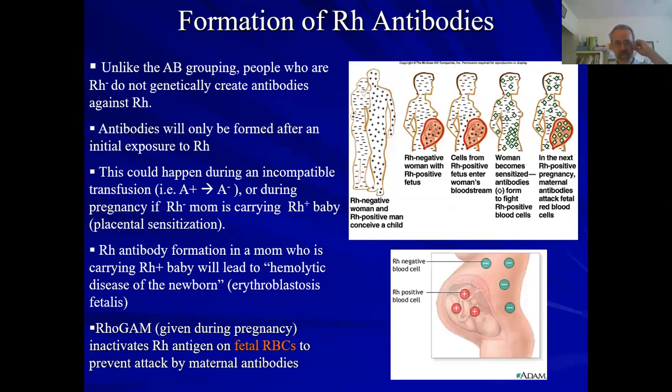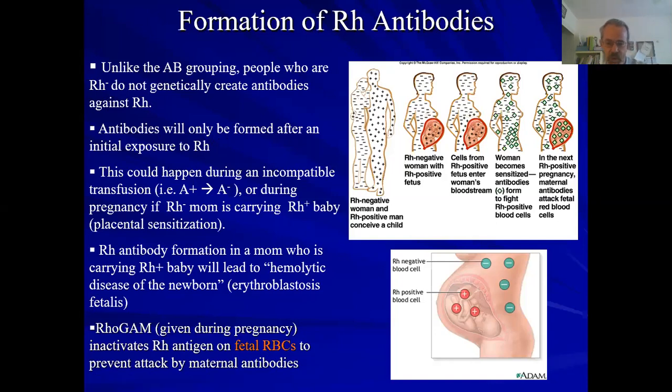All right. So, formation of Rh antibodies. Unlike the ABO grouping, people who are Rh negative do not automatically have antibodies against Rh. They will only form them once they're exposed. So hopefully you get that.